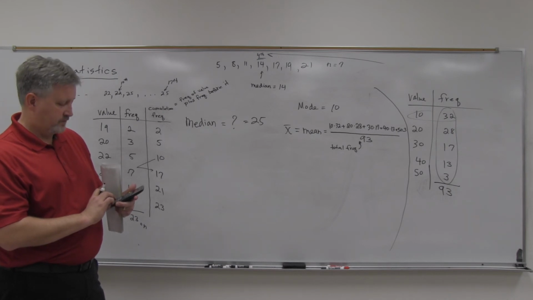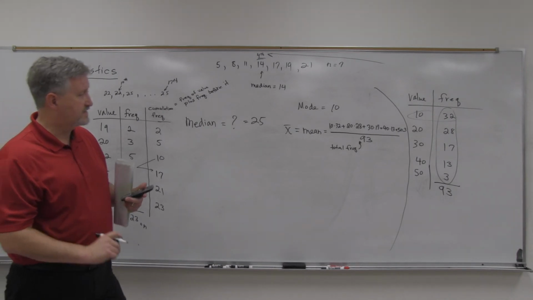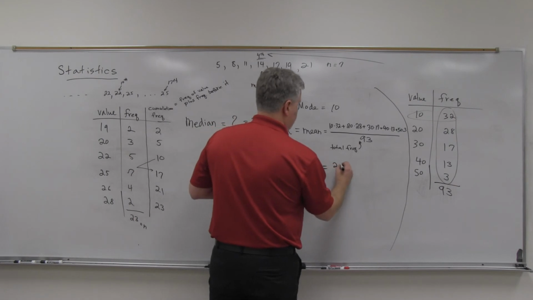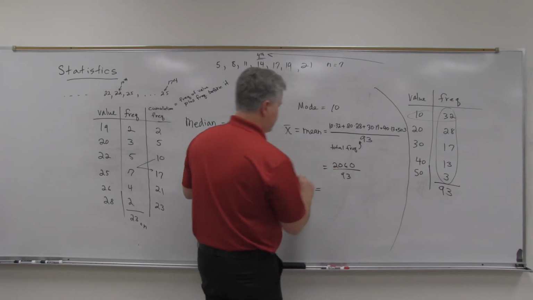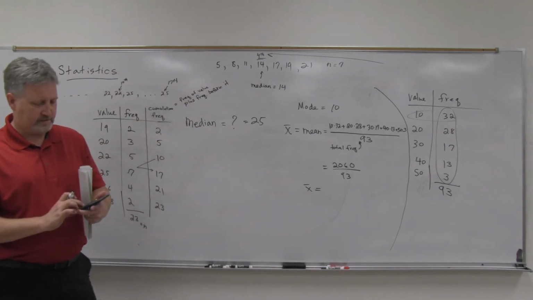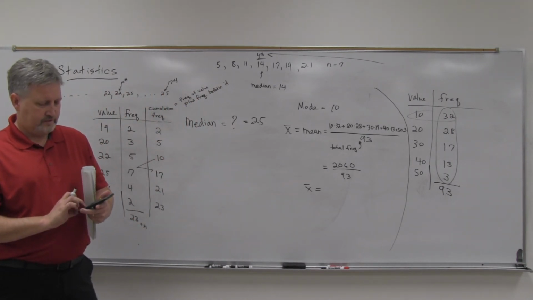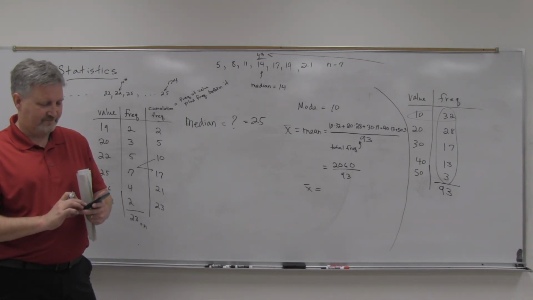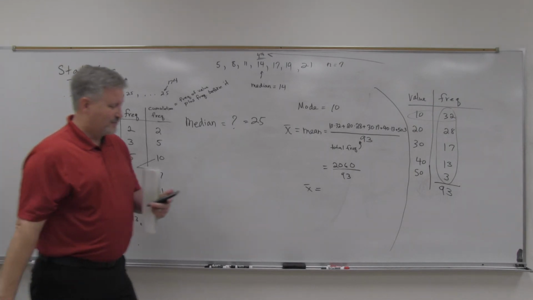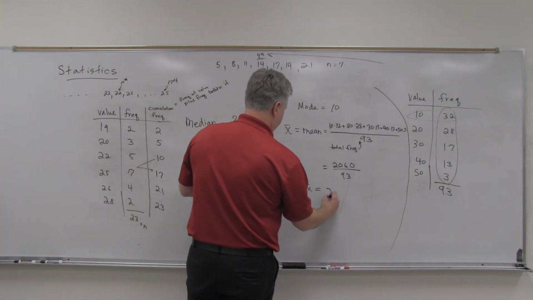And 150. I get 2060. Divide that by 93. And so that's our mean, X bar we call it. That gives me 22.15. Let's call it 22.2.